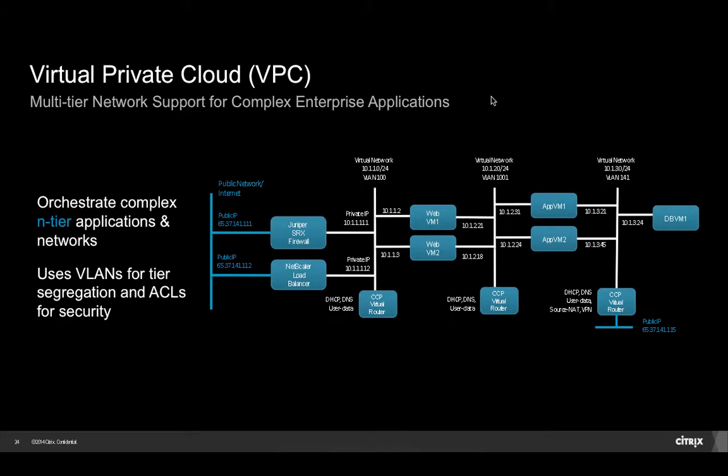So the virtual private cloud, this is one of my personal favorite slides because it says so much. Basically, this is all really about being able to orchestrate complex n-tier applications and networks. If we think about the type of applications that enterprises are deploying, the traditional workload types, these are multi-tiers of application. In this example, we have a front-end web tier of these two servers. We have a middle tier of application servers and database.